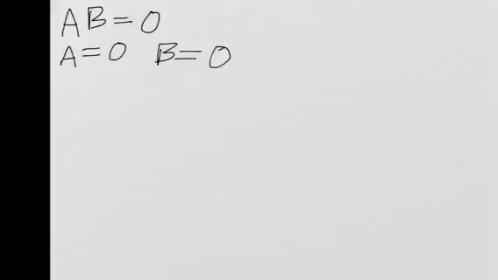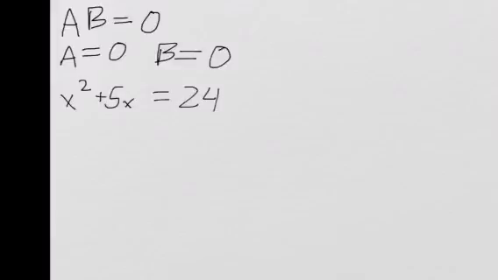So we can use that with an equation like x squared plus 5x equals 24. I can't use the zero factor property as it is now. I could factor the left-hand side and I get x times x plus 5 equals 24, but I don't know anything when it comes to things multiplying to be 24.